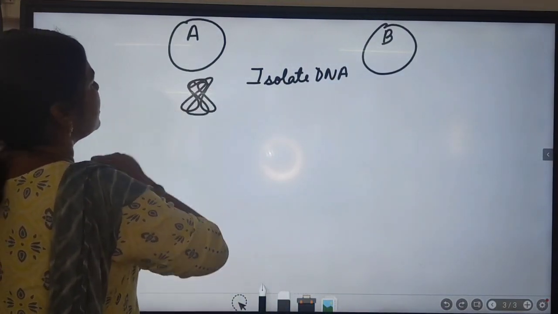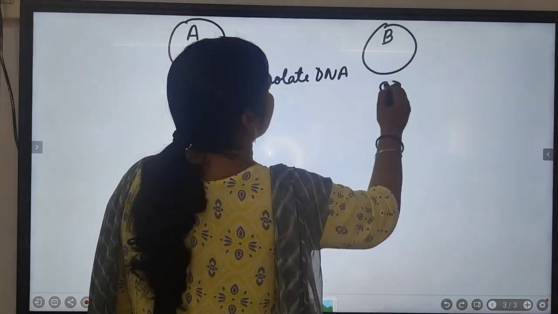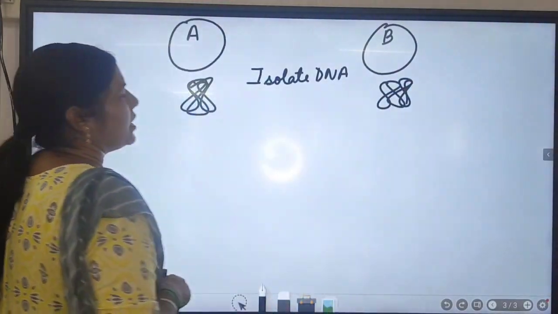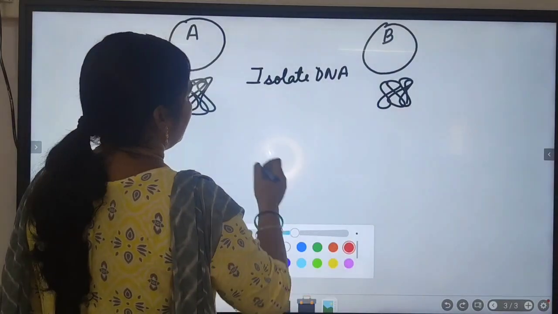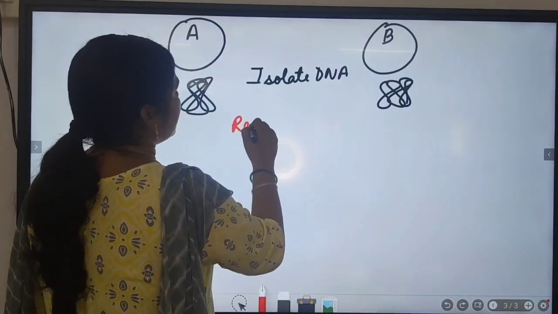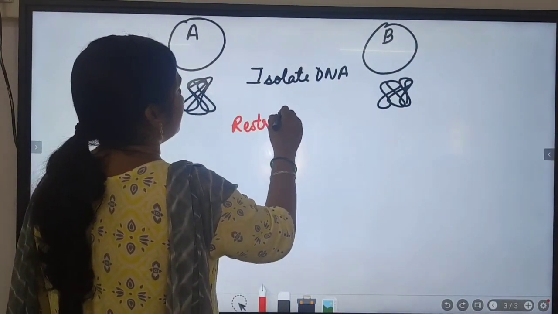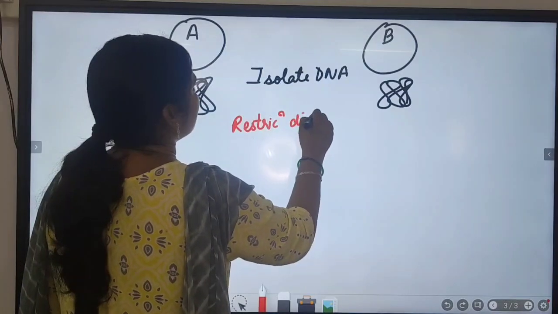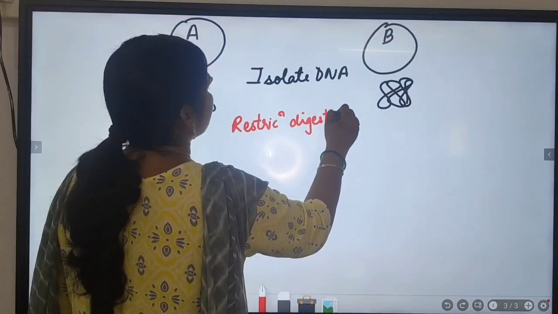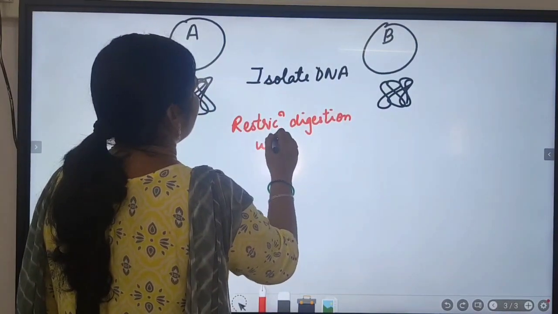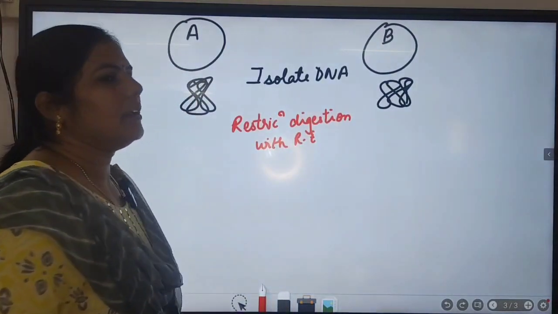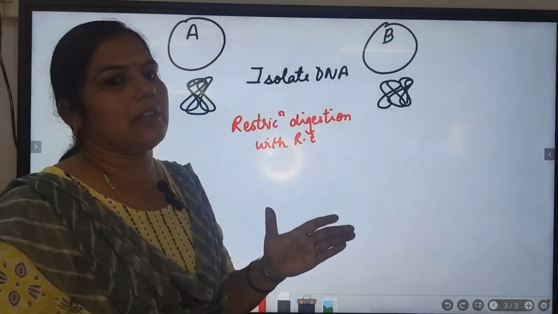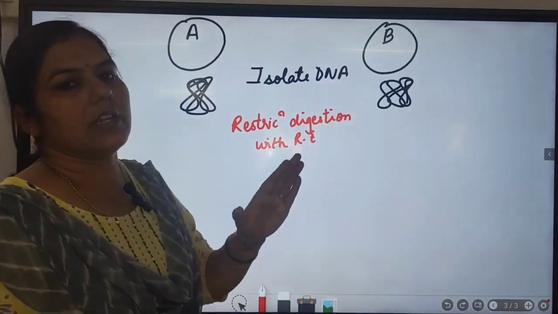Let us say this is the DNA isolated from A and this is the DNA isolated from B. Then the second step, we will do restriction digestion with a restriction enzyme, and we will use the same enzyme in both these DNA.